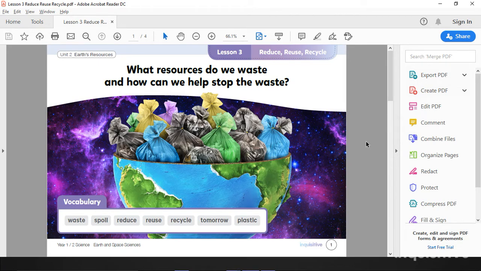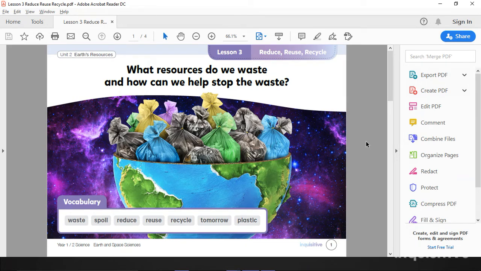Waste. Thumbs up, thumbs on the side, or thumbs down. So waste. Waste just means anything that we have thrown away, something we have discarded. That means we've chucked it out, we're not going to use it again.